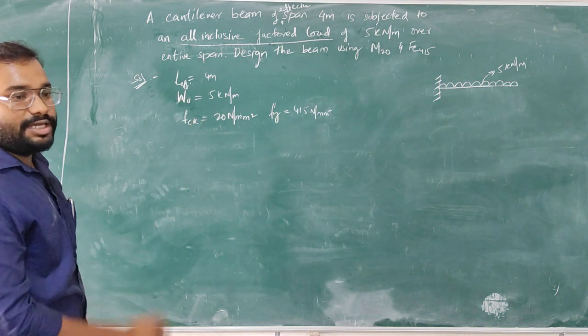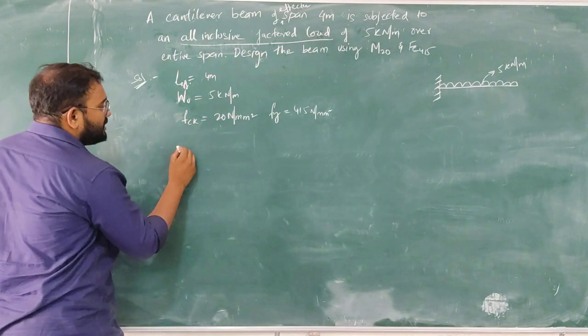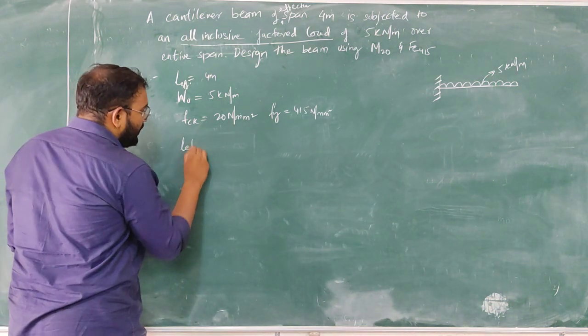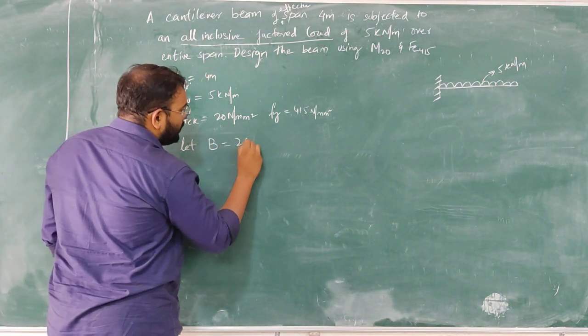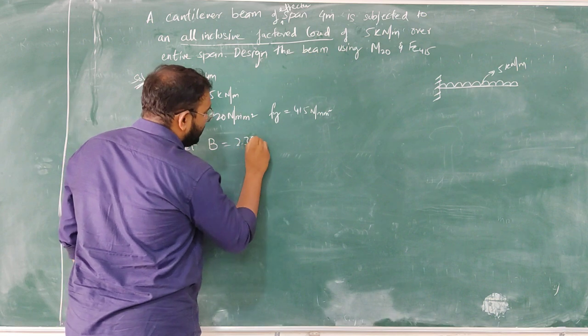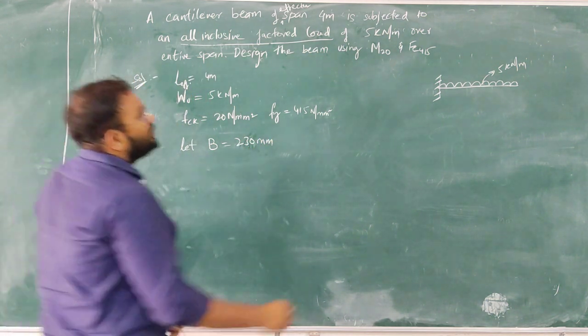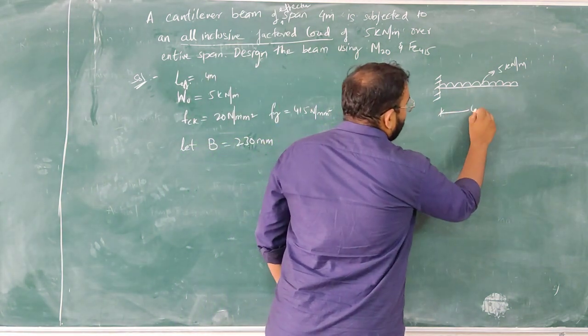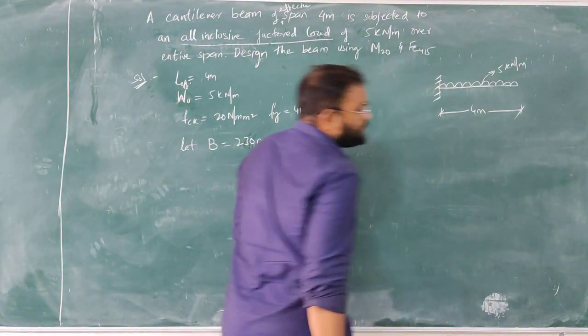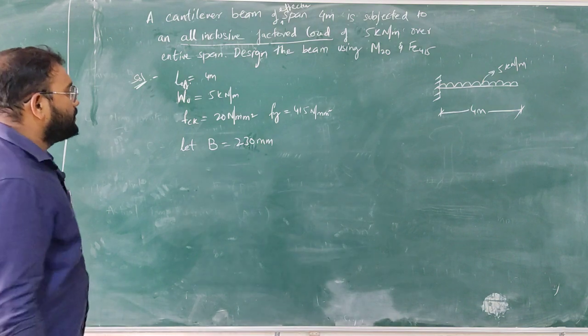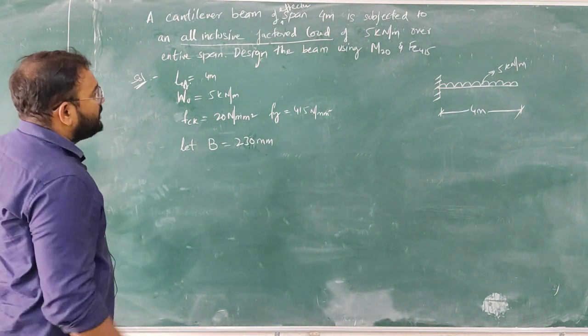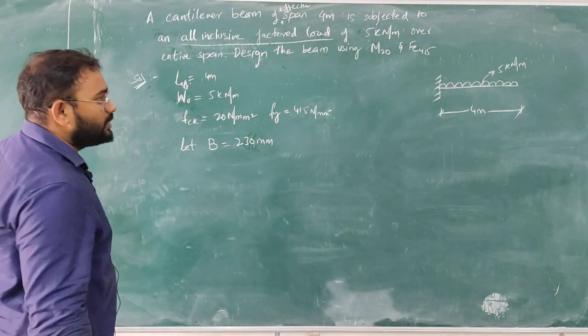B is unknown, D is unknown. So first we will start by assuming B. Let capital B be equal to 230 mm. We will assume this. The effective span is given to you as 4 meters.